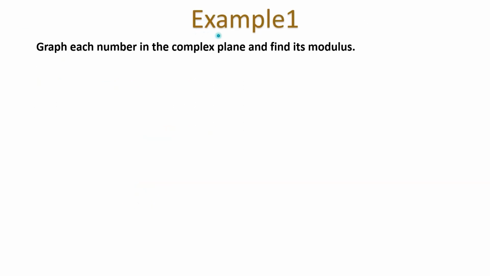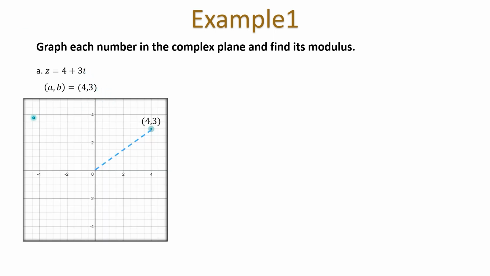Let us now look at an example. Graph each number in the complex plane and find its modulus. The first number is z equals 4 plus 3i. Writing it in the coordinate form, this can be written as (4, 3). So we draw our complex plane.